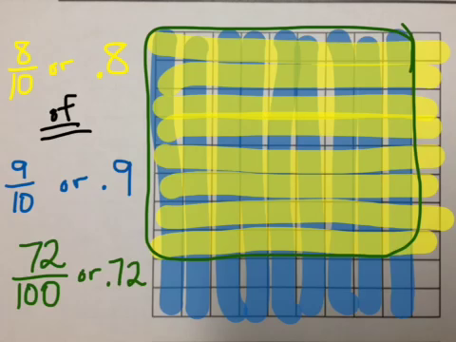So 9 times 8 is 72. So if we're looking for a shortcut so we don't have to draw and color and shade and count every time, it looks like if we multiply our two factors, 8 and 9, we get our 72, but what about those decimals? Okay, you ready for the shortcut now that we can see how it works?